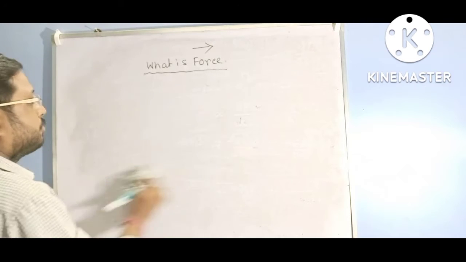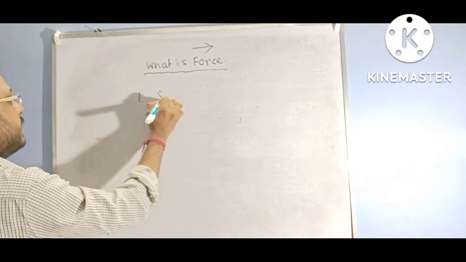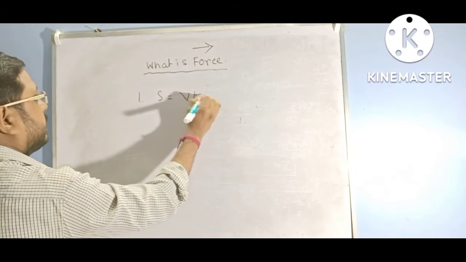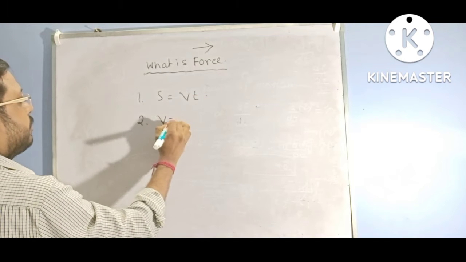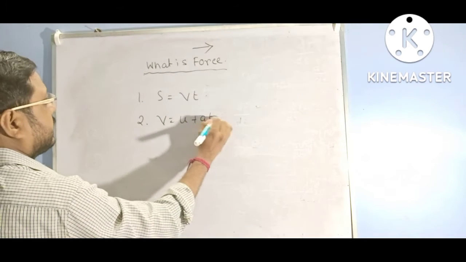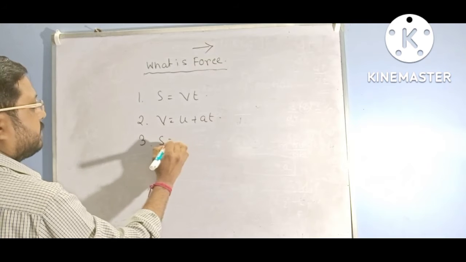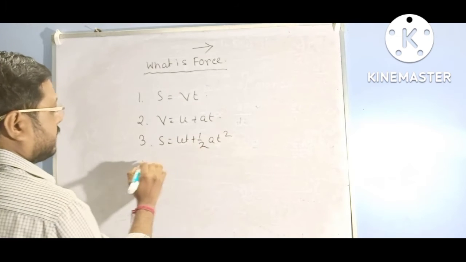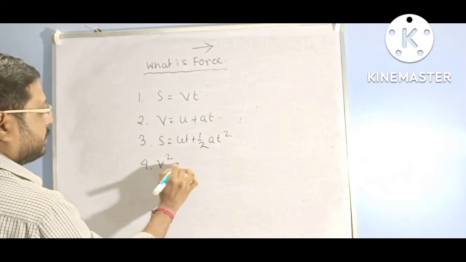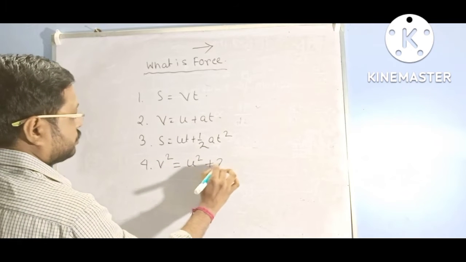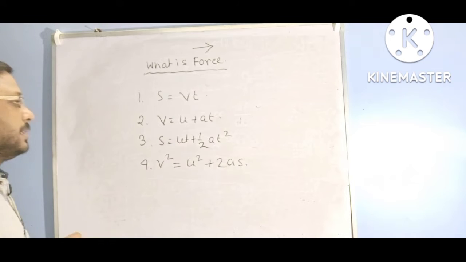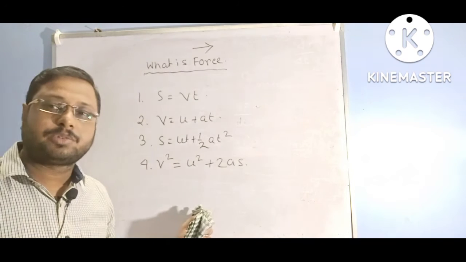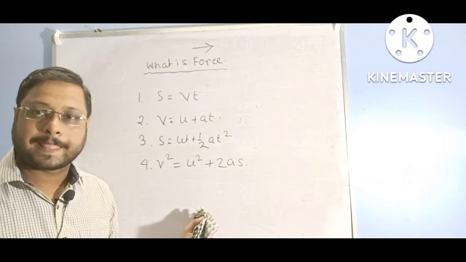The equations of motion are S is equal to Vt, V equal to U plus At, S equal to Ut plus half of At square, and the fourth is V square is equal to U square plus 2As. These four equations are needed to find the acceleration.